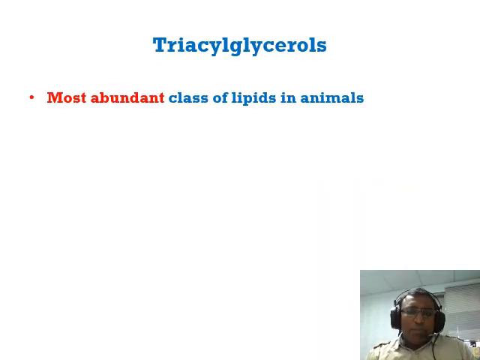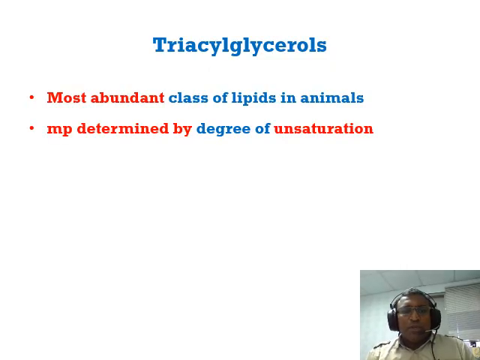So a bit more information on triacylglycerol. It is the most abundant class of lipid in animals. Unfortunately, it makes up the fat of a person or of an animal. Therefore, it can lead to being classified as obese or overweight. The melting point is determined by the unsaturation.